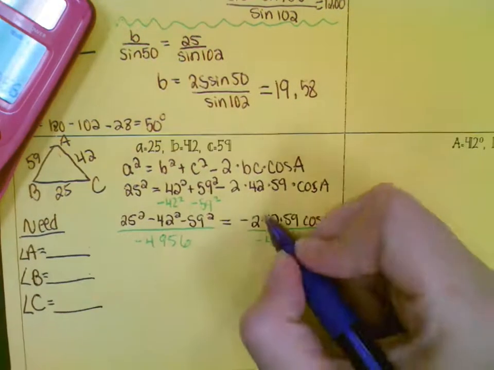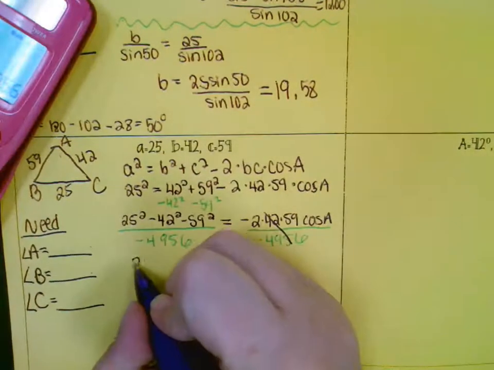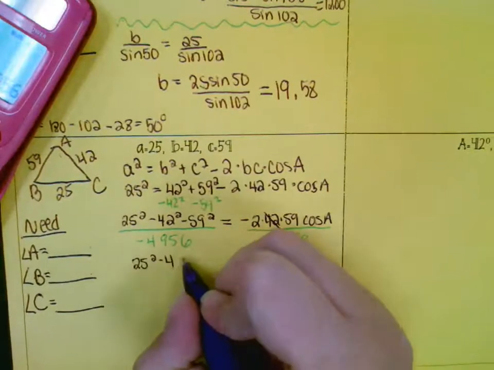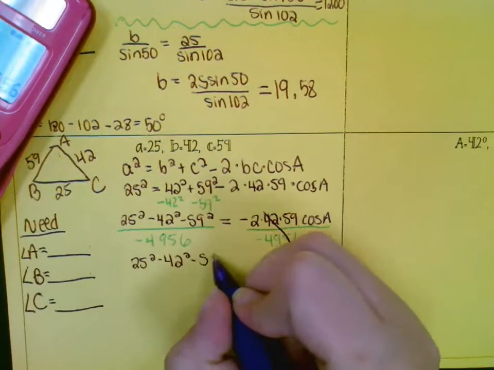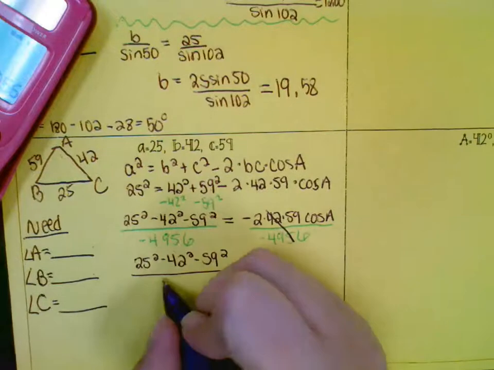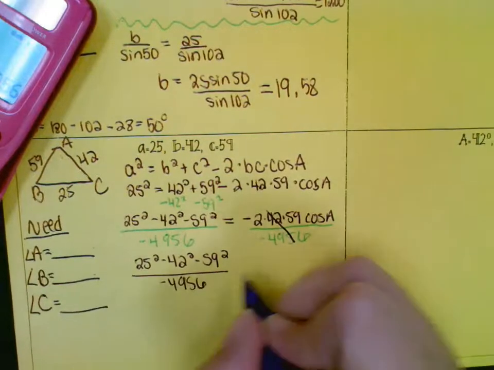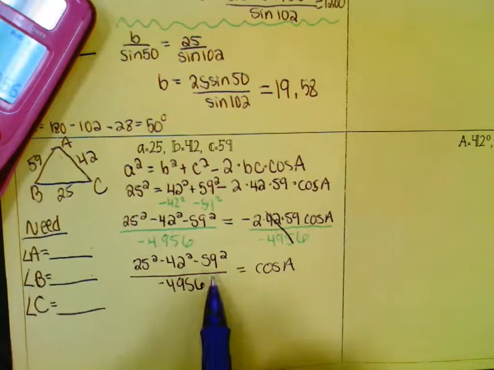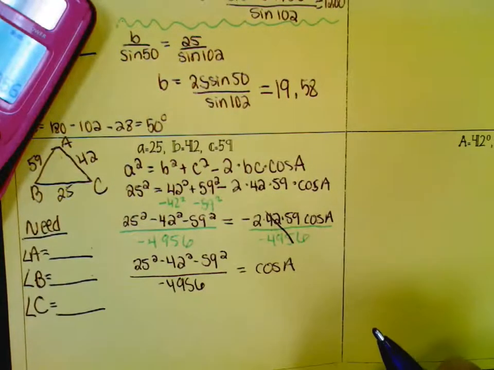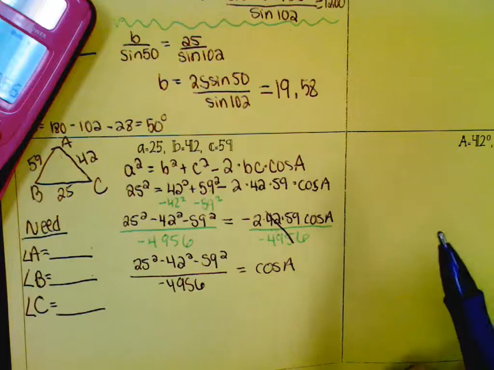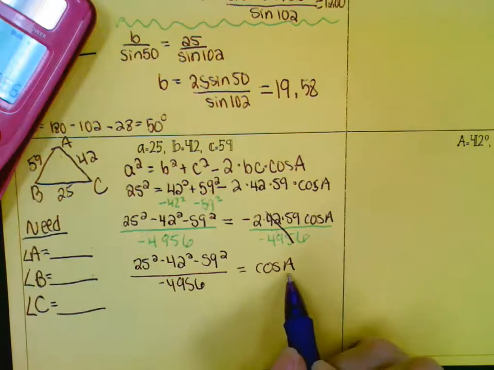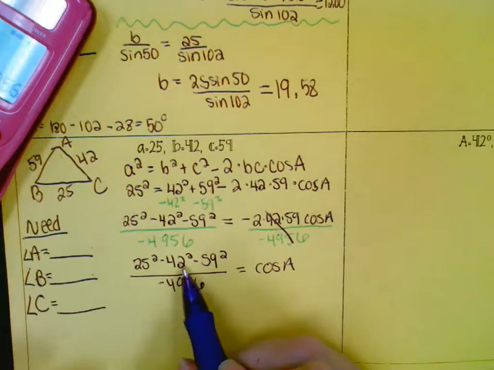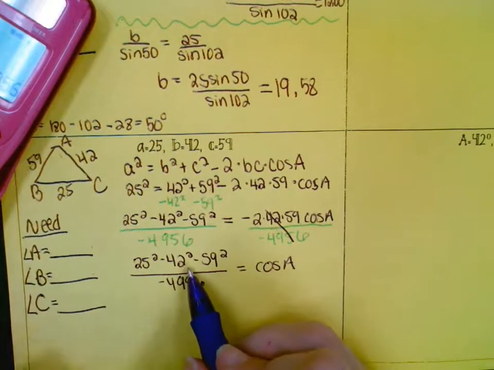Okay, so we divided, those are gone. So we have 25 squared minus 42 squared minus 59 squared divided by -4,956 equals the cosine of A. By this point you could have typed those all in and made it one number. I just didn't. Before I get A by itself, I'm going to simplify this into a number.